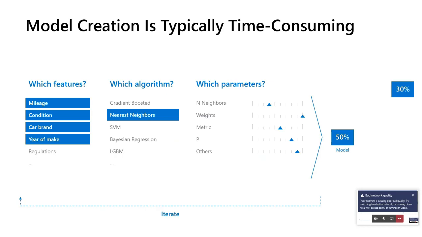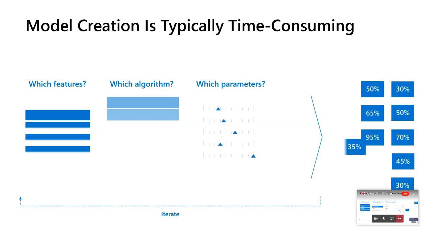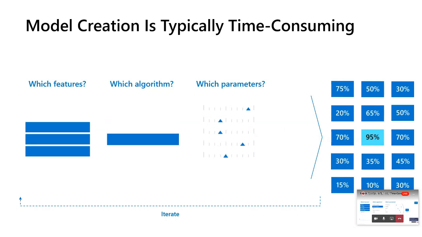And then it gives me 50% accuracy, right? Again, this 50% is not expected by my business. So again, as a data scientist, I change some hyperparameters or algorithms or features.